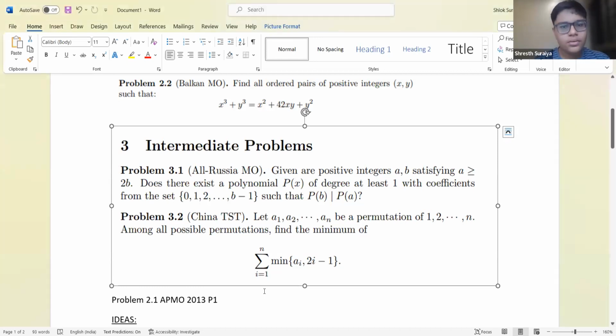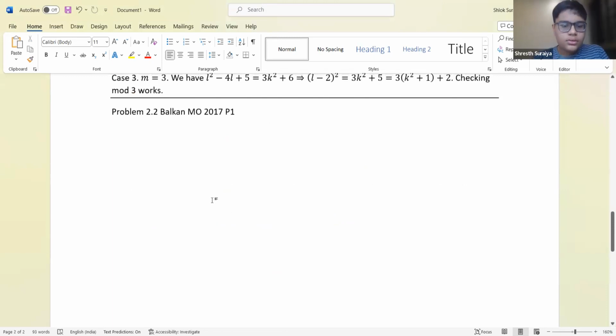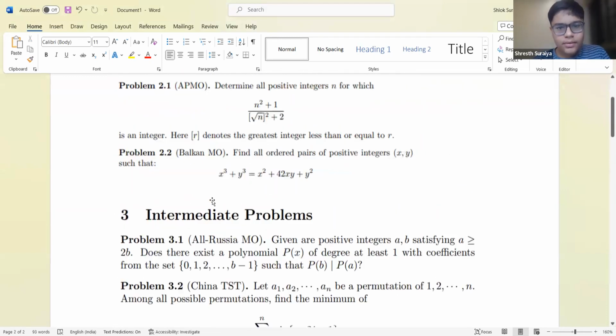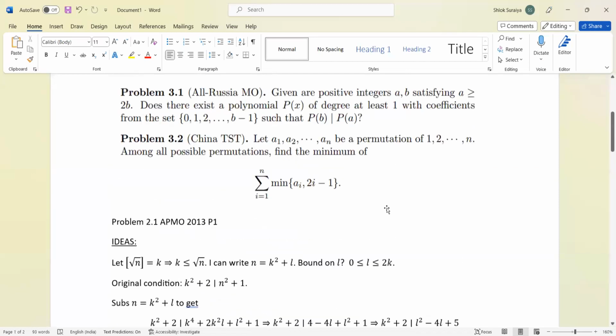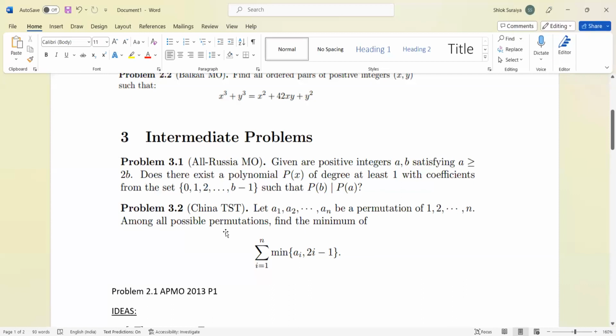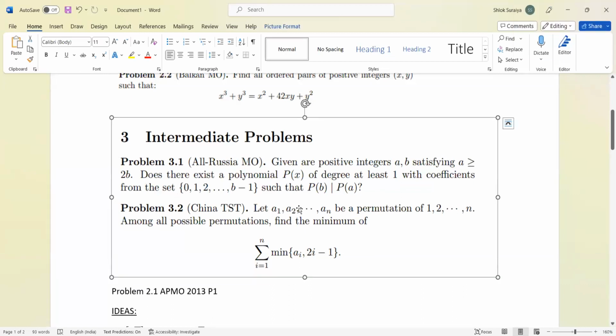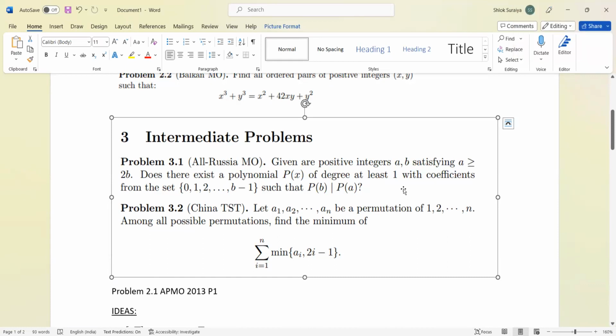Okay, so I think I'll start with problem 2.2. I'll give some hints. x and y are positive integers, right? Could you just see problem 3.2 for one second? Okay, yeah, I think I might understand. Wait, is it possible for you to note down the problem somewhere?